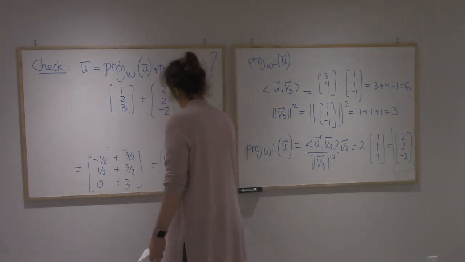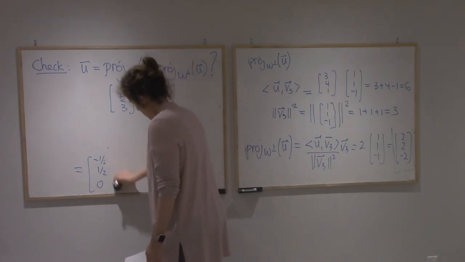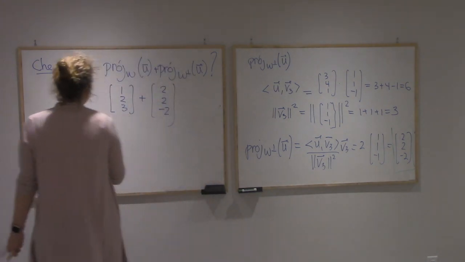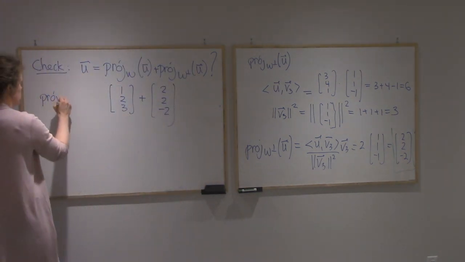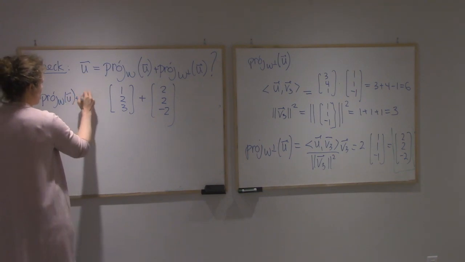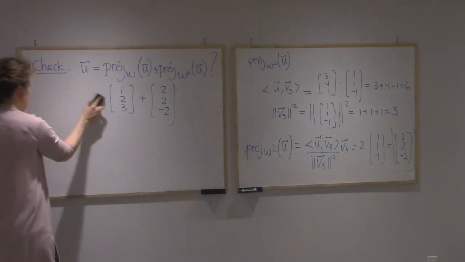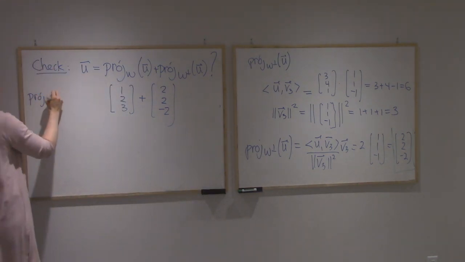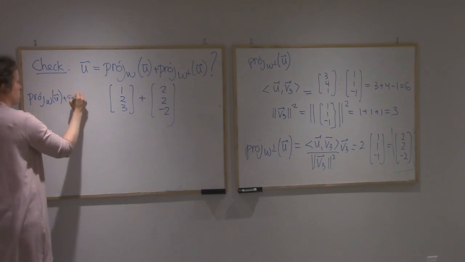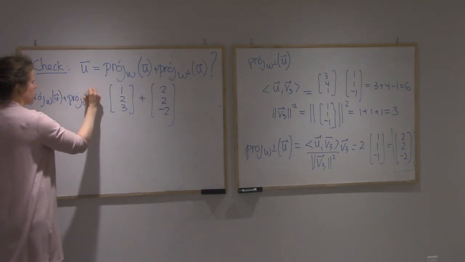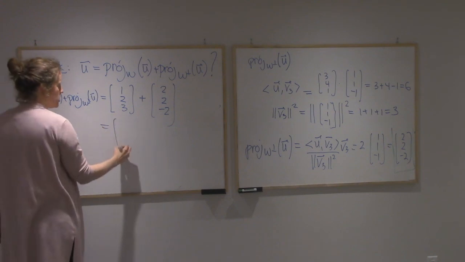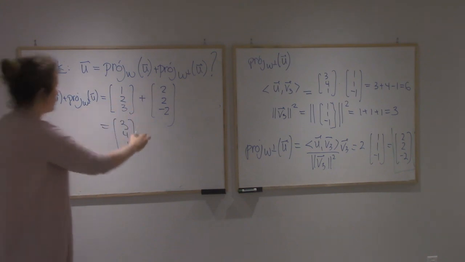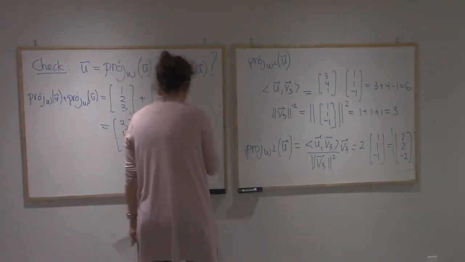So on this side, this is the projection onto W plus the projection onto W perp. And I get 3, 4, 1. And 3, 4, 1, yes, it's U. And so everything is well.